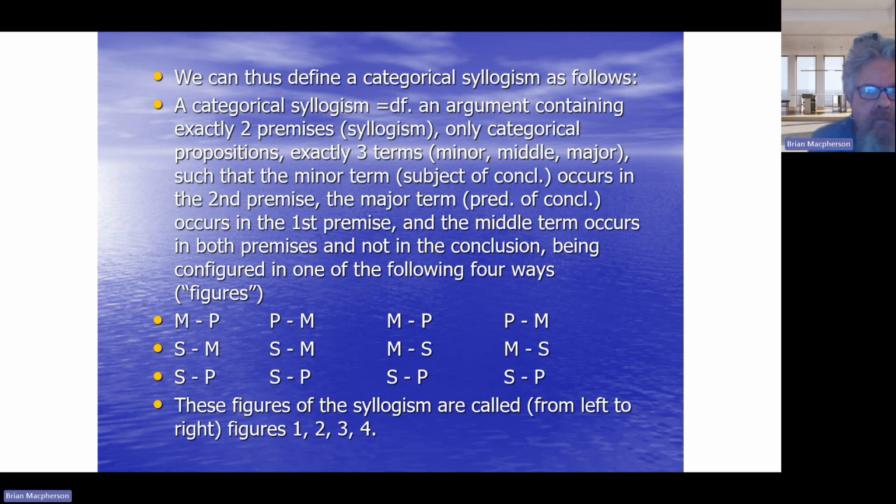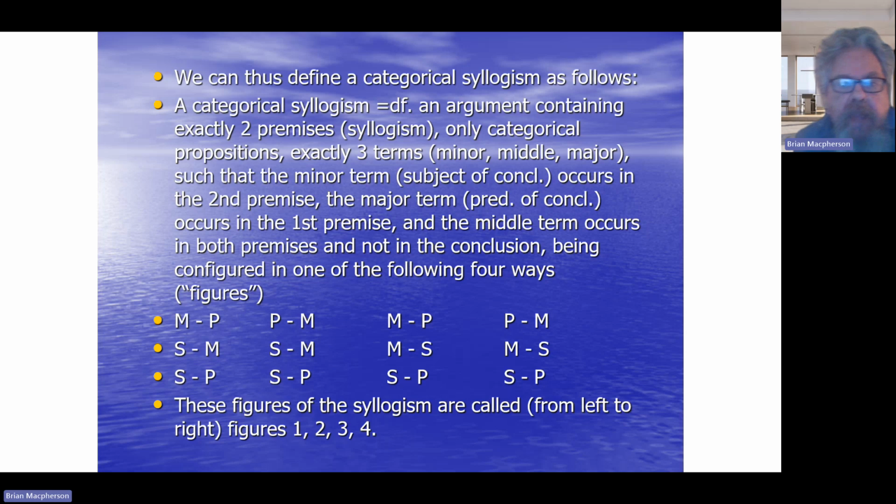The second figure involves the middle term being the predicate of both premises, P-M, S-M, S-P. In the third figure, the middle term occurs as the subject of both premises, M-P, M-S, S-P. And then finally, figure four involves the middle term occurring in a diagonal, but this time in the opposite direction to the first figure.